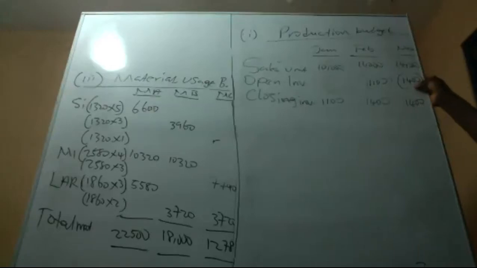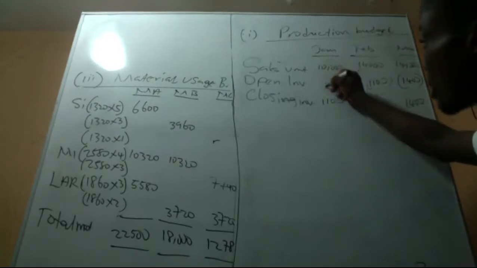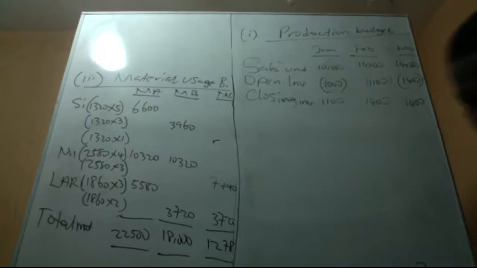Because open inventory is 1,400 here, the sales is 14,000, so that's 10%. So automatically, the open inventory here is 10% of this, that's 1,000, which is the same.